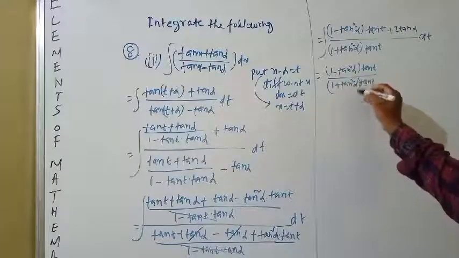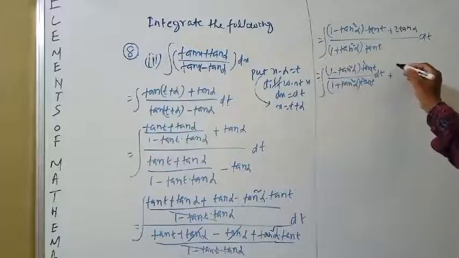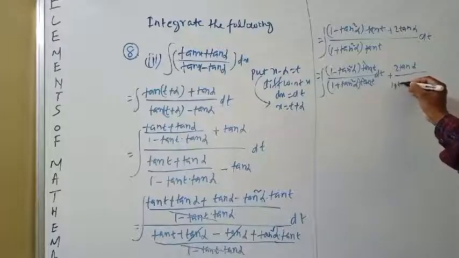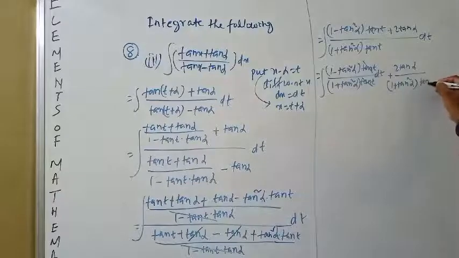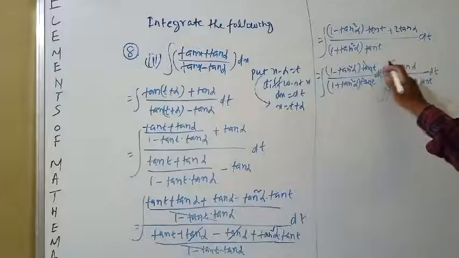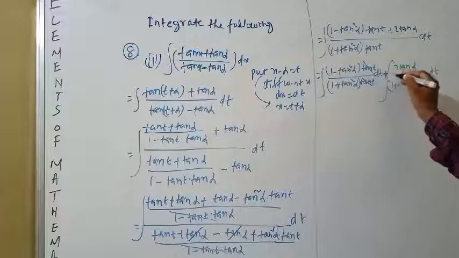Tan t cancels out, plus 2 tan alpha divided by 1 plus tan square alpha, tan t dt. Here you put the integration, you write dt.